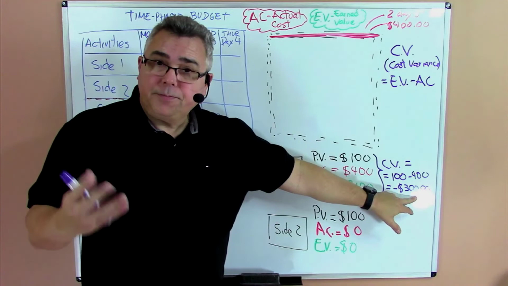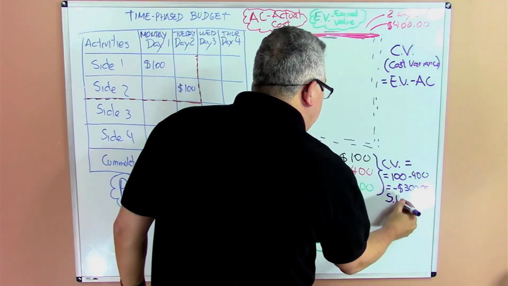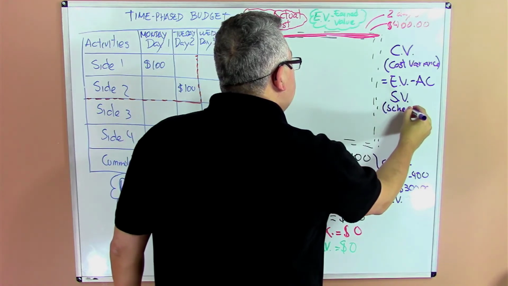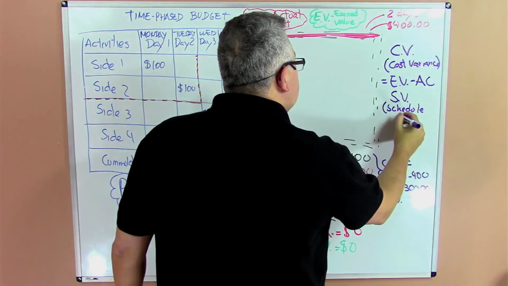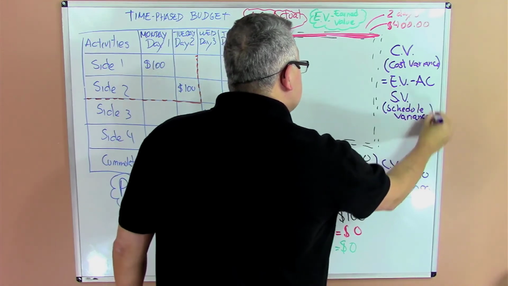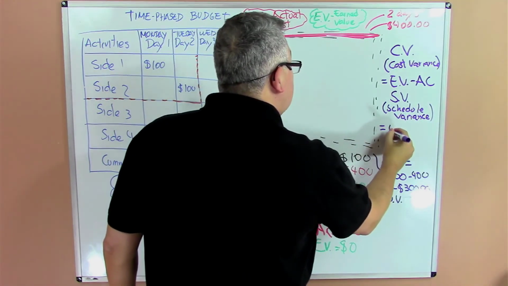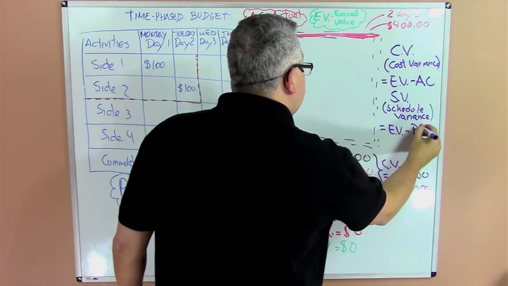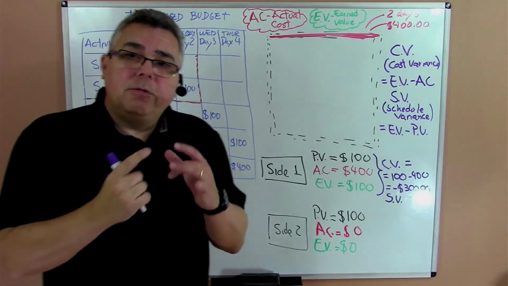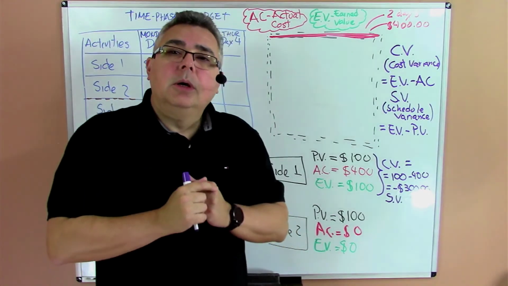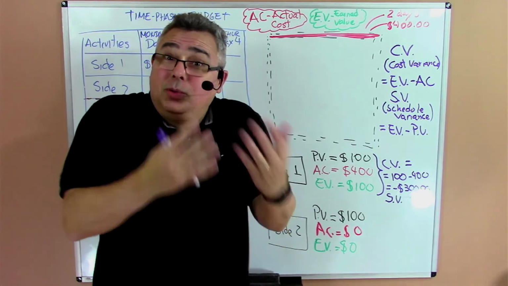In terms of schedule variance, we need to understand if the project has done the tasks that are supposed to be done. And here we take the earned value minus planned value. It means checking whether I have earned the value that I was supposed to earn at that time.